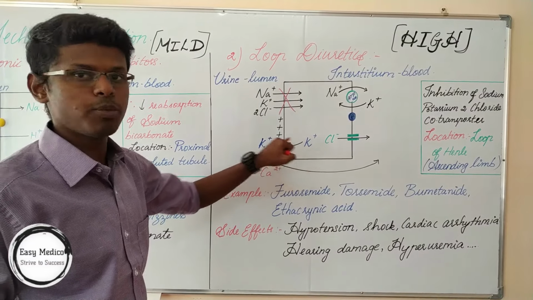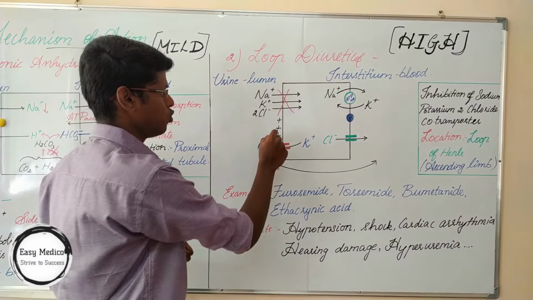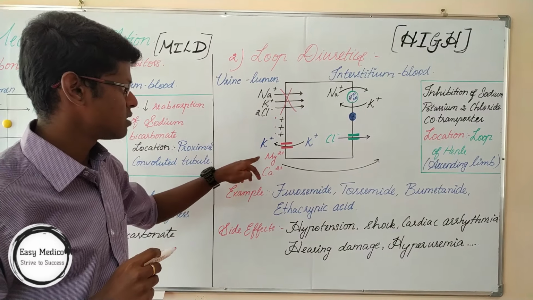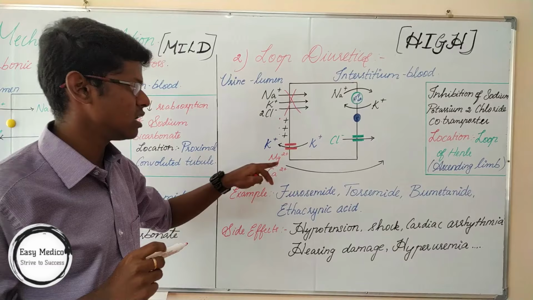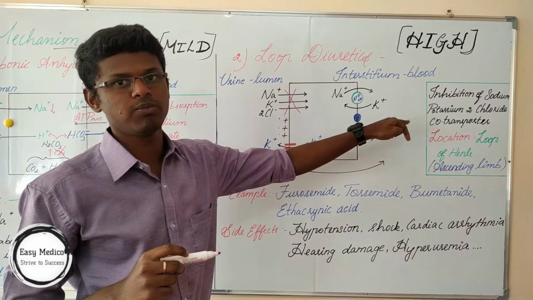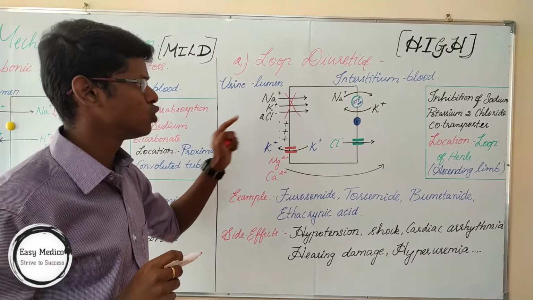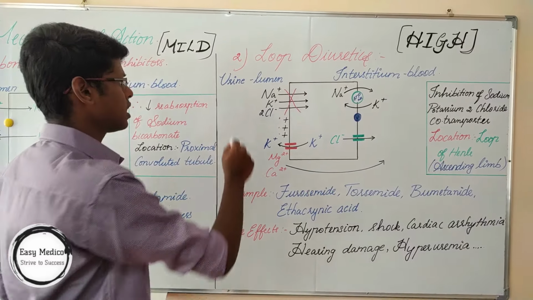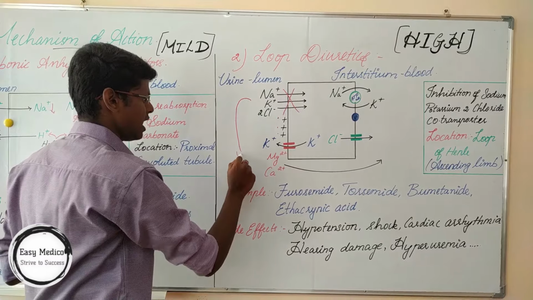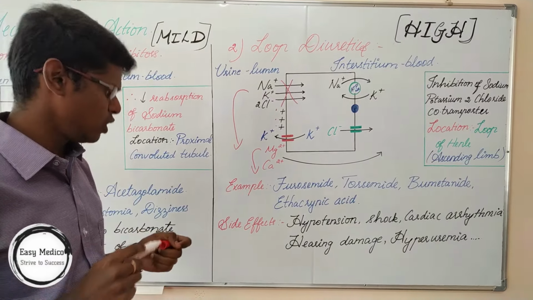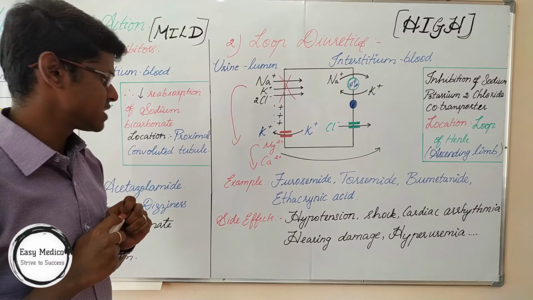The coming out of potassium causes more positive ions in the lumen, which causes magnesium and calcium to move to the interstitium of the blood. As a result of inhibition of the sodium potassium 2 chloride co-transporter, there is a decrease in sodium and potassium, as well as a decrease in magnesium and calcium.